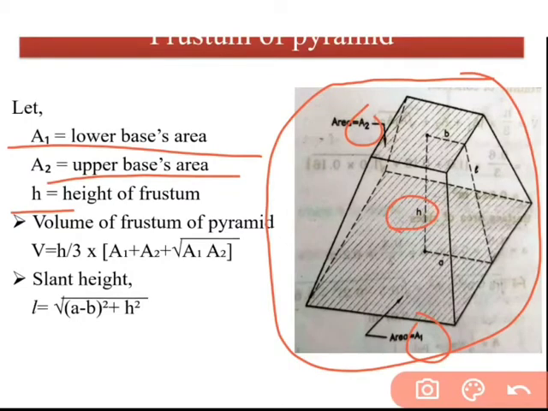So first find out the volume of frustum of pyramid. V is equal to h by 3 multiply A1 plus A2 plus square root A1 A2.